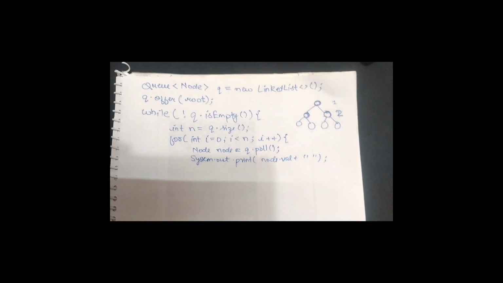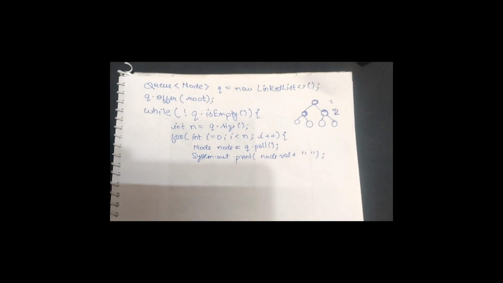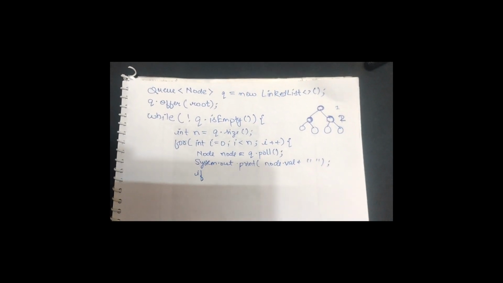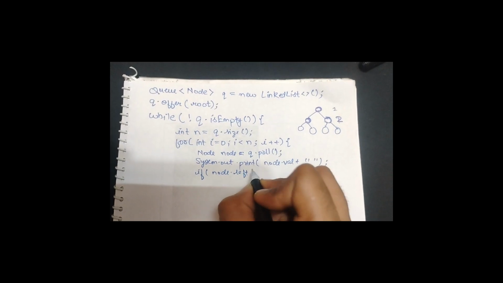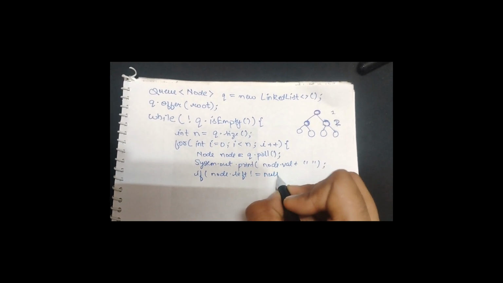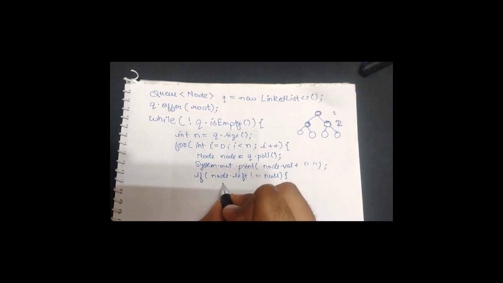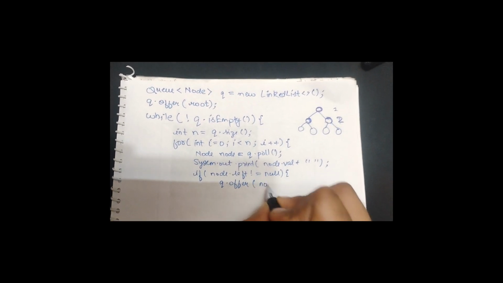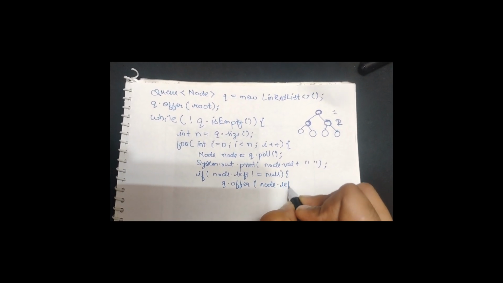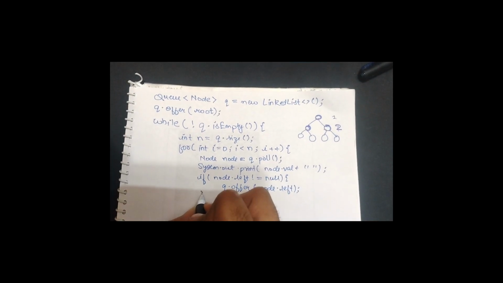Okay, now check whether it has a left element. If node dot left is not equal to null, that means there is a left node. Then do queue dot offer, that is, add this left of node inside the queue. Okay, I did it.